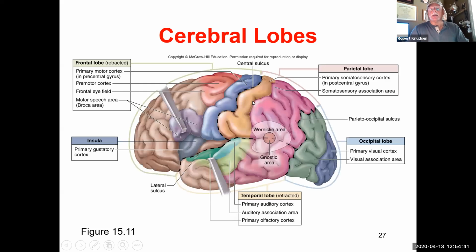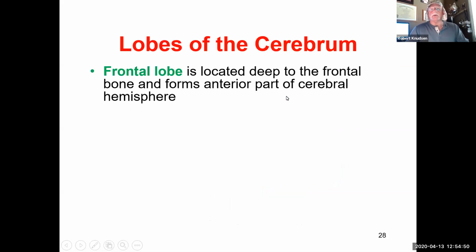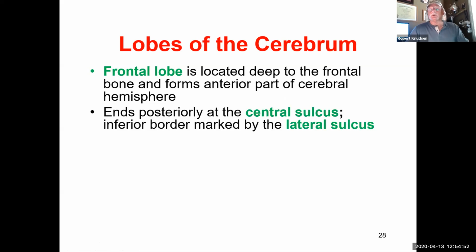You see this little dotted line? This is called the central sulcus. That divides the frontal from the parietal lobes. Central sulcus, do you see it? And the temporal lobe, remember, which was olfactory, hearing? I'm going to go back.